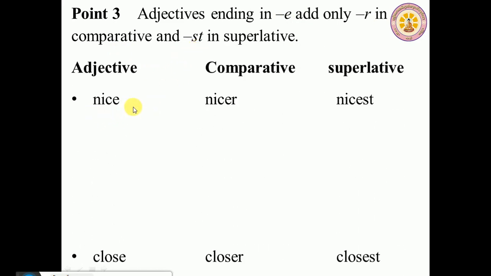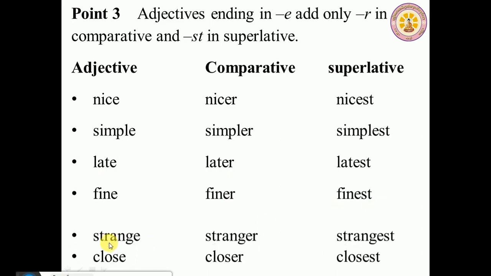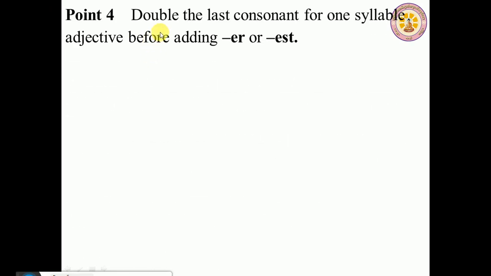Example here: nice, and it already ends in -e, so we just add -r to become nicer, add -st to become nicest; simple, simpler, simplest; late, later, latest. Okay, fine, finer, finest, just add -r, add -st. Close, closer, closest. Example. Let's move on.